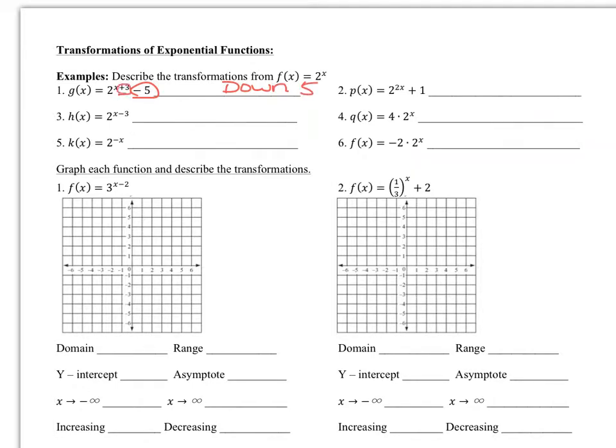And I have this plus 3 next to x, which means I'm going left 3. So I'm going left 3, down 5. If I look at number 2, this plus 1 tells me I'm going up 1. What does this 2 next to x mean? Well, it means it's a horizontal compression of 1/2.